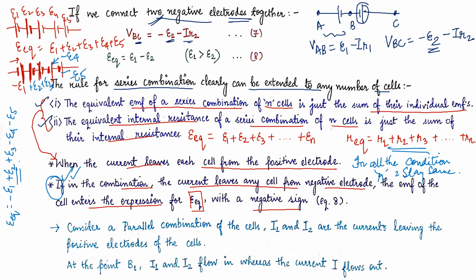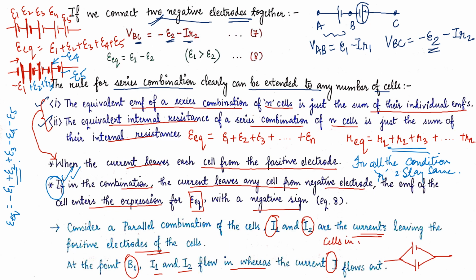Consider a parallel combination of cells. I1 and I2 are the currents leaving the positive electrode of the cells, but at point B1, I1 and I2 flow in, whereas the current flows out. Okay, here we are having this kind of condition, our cells are in parallel.